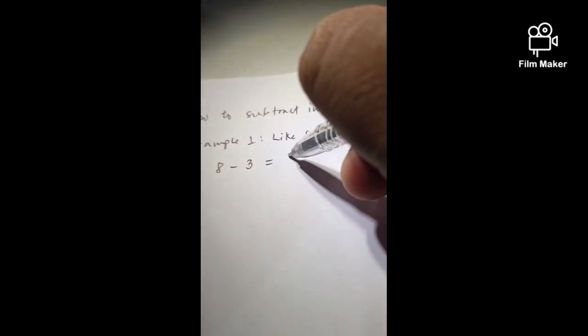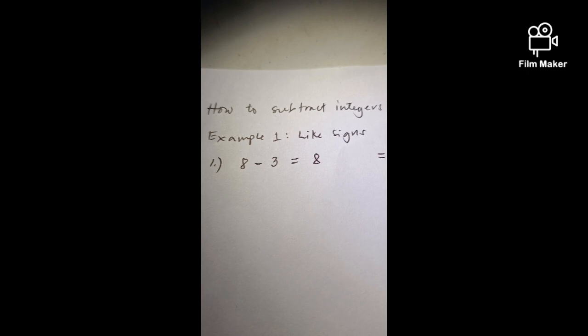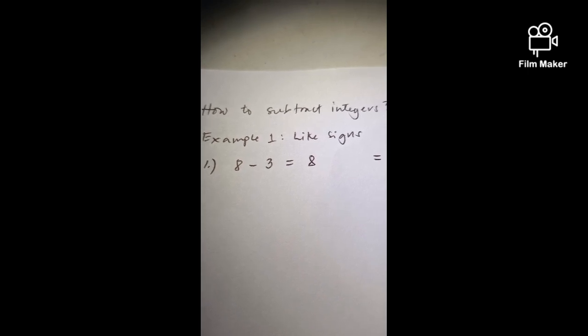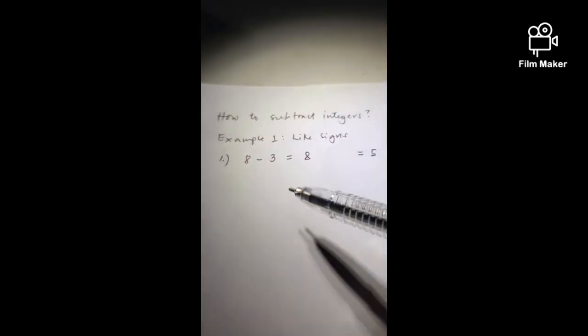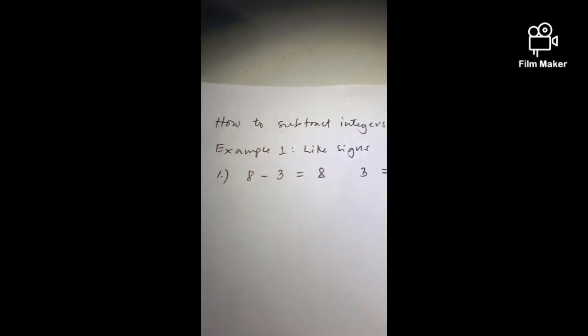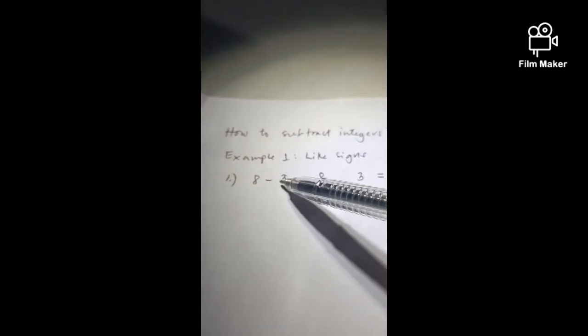So, doon sa rule, we simply copy the minuend. And then, after copying the minuend, we copy the subtrahend. But this time, we take note of the sign of the subtrahend. In here, subtrahend is positive.